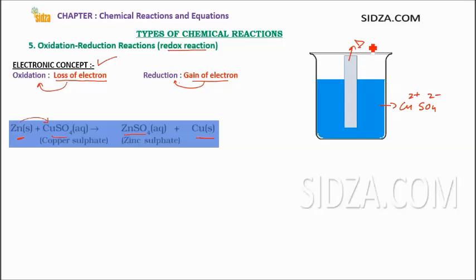After 1 or 2 minutes, you get a precipitate of copper, and the weight of the zinc rod decreases. Zinc displaces the copper from the solution, and that copper precipitates out.